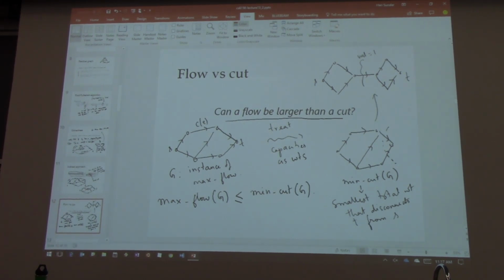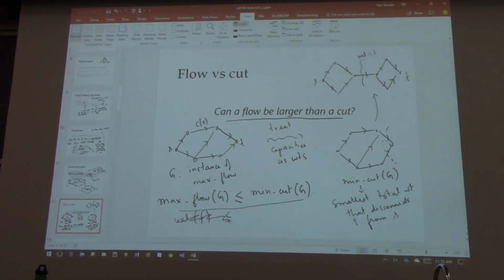So you can say that for any flow, value of the flow is less than or equal to value of any possible cut. Okay, so I'm just choosing the min cut, but I could have chosen any other cut. I would still have that the value of the maximum possible flow is less than or equal to the value of that cut. So the max flow is less than or equal to the min cut in G.